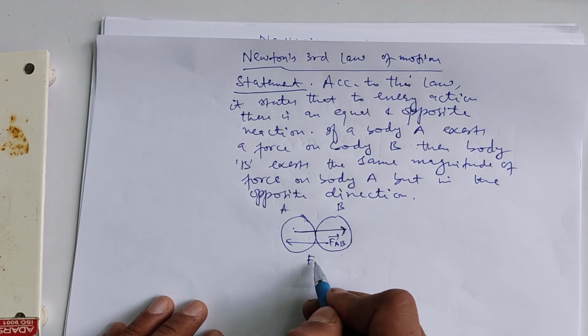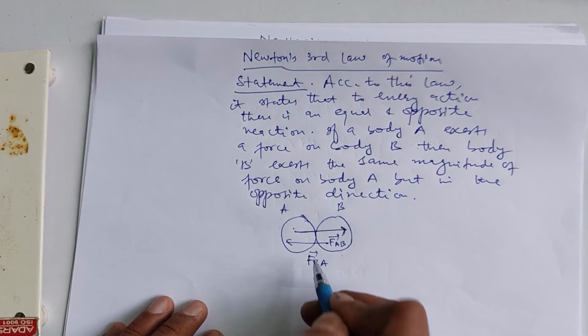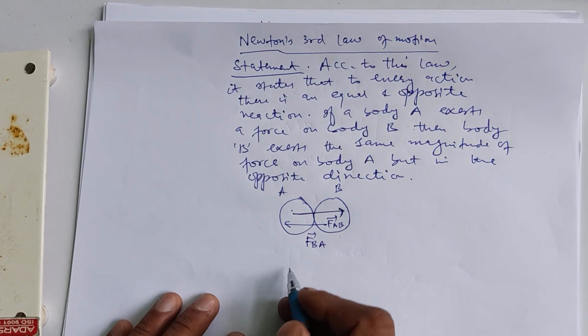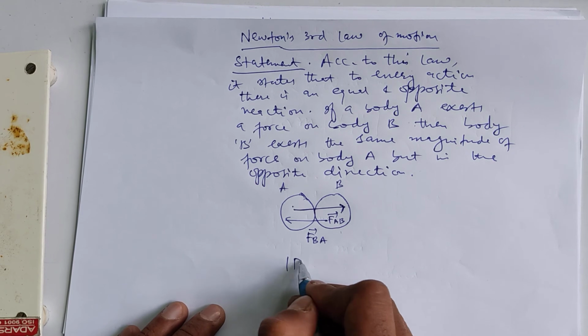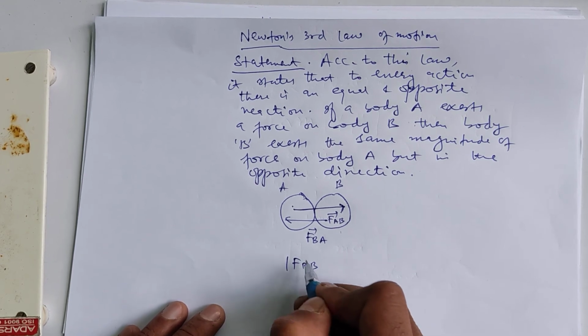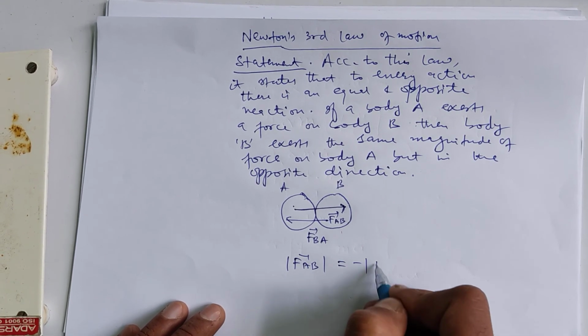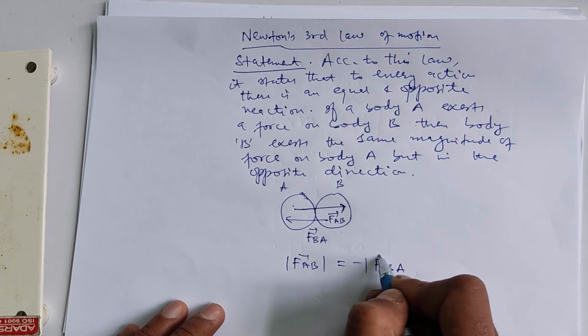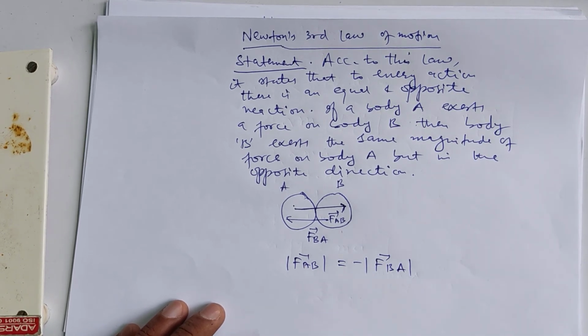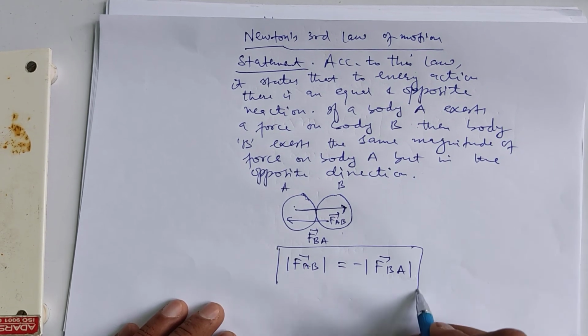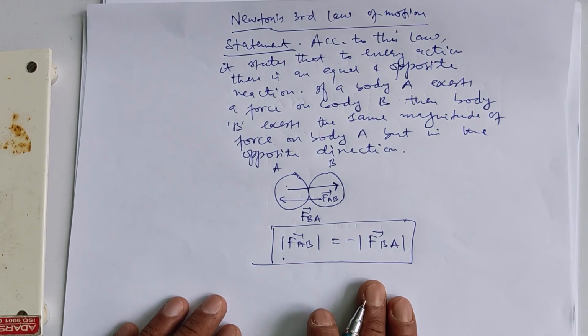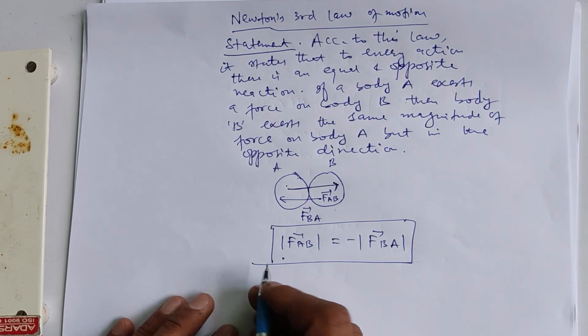It will be F BA. So Newton's third law we can represent like this: F AB is equal to minus F BA. The negative shows that these two forces are equal in magnitude but opposite in direction.